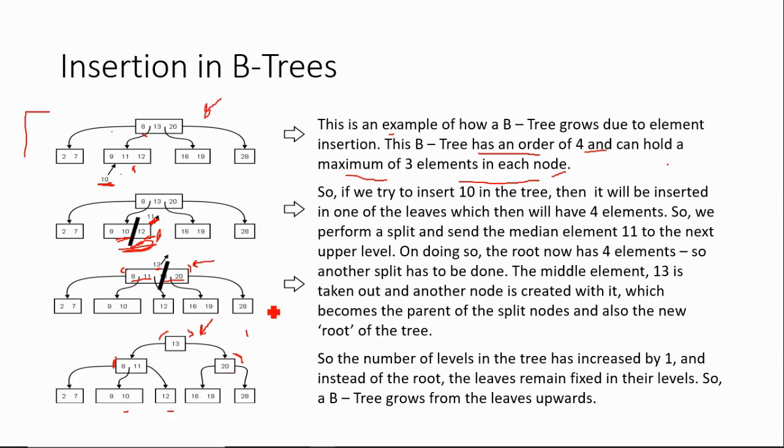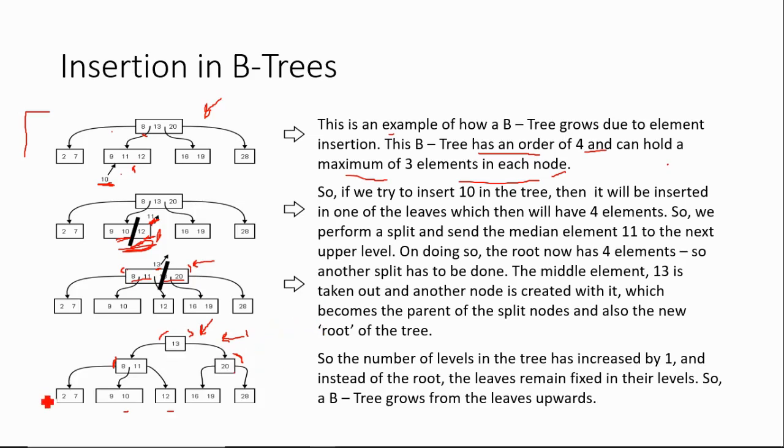But after the insertion, due to a series of splits and sending the element to the top level, this level with element 13 has been added. So the number of levels in this tree has become 3.